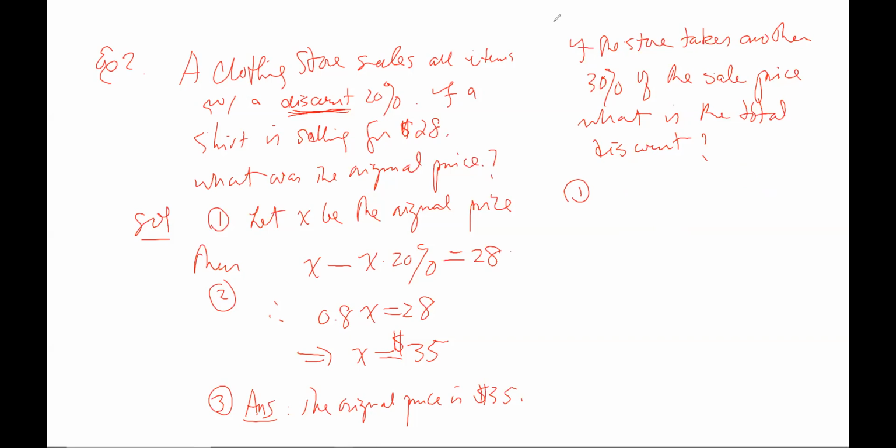So what you do is we let X be the original price, okay? Then the first sale price is what? 80% of X. Yeah, it is X minus X times 20%, which is 0.8X.